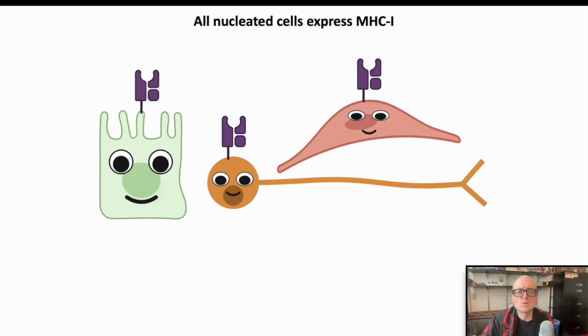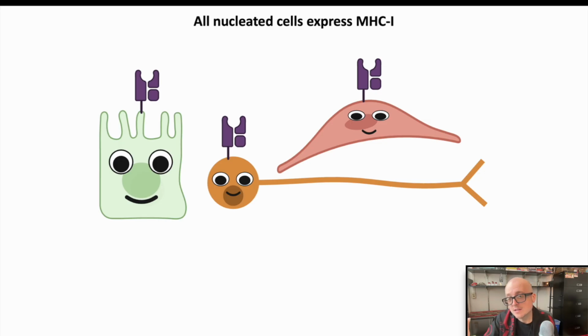This is extremely widely expressed throughout the body, and for that reason, almost any cell can be an antigen-presenting cell. Almost any cell has MHC class 1, and in humans, all nucleated cells basically means every cell except for red blood cells, which are anucleated in humans and most other mammals.